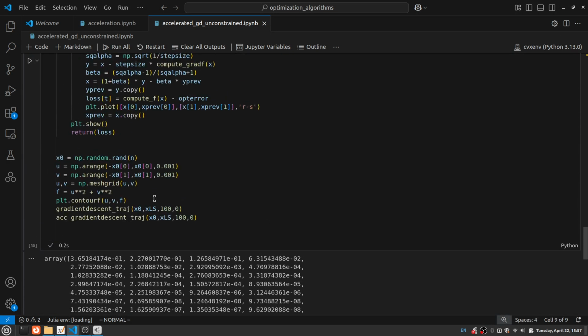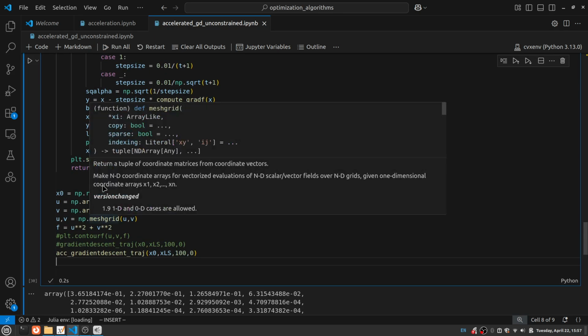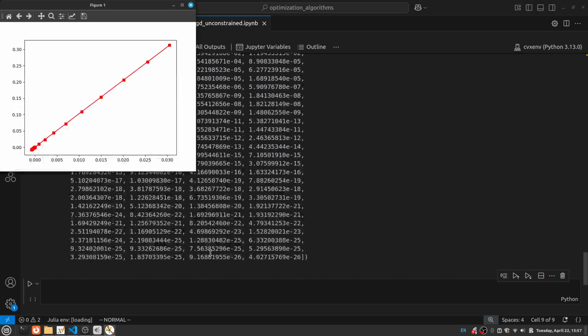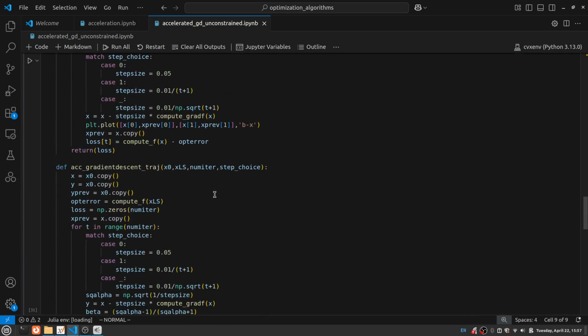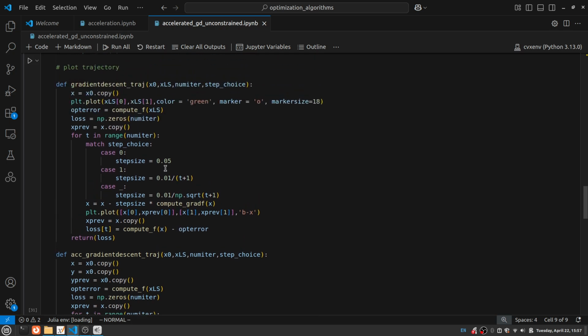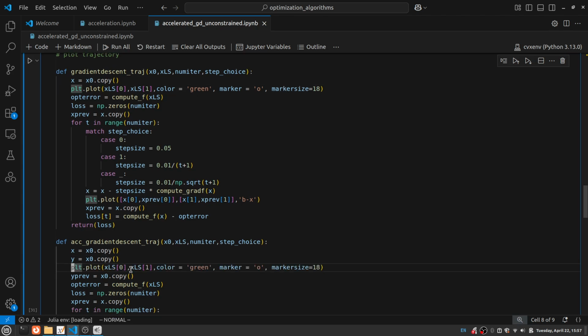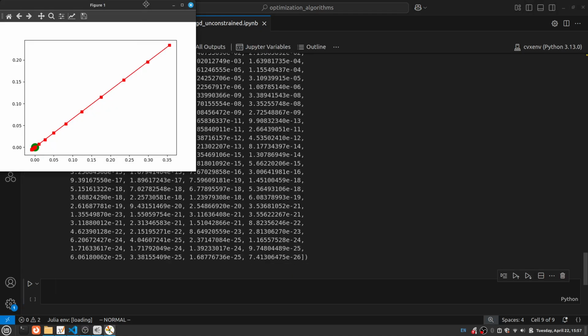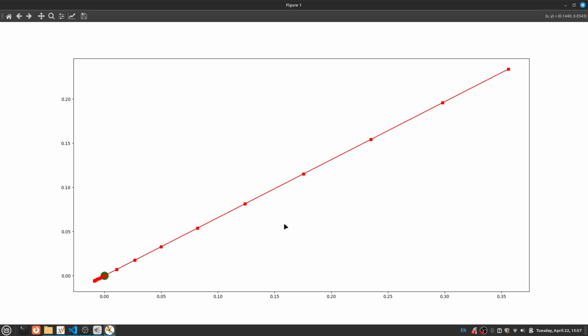So if I don't plot this and don't plot this, it's a little harder to see, but basically it's taking very large steps initially.